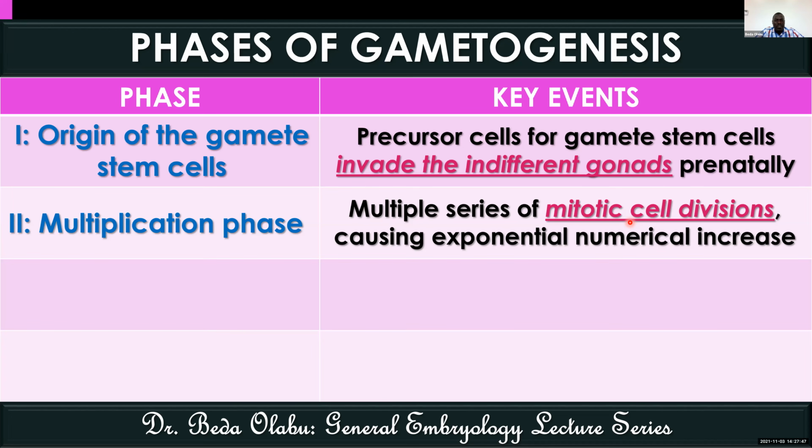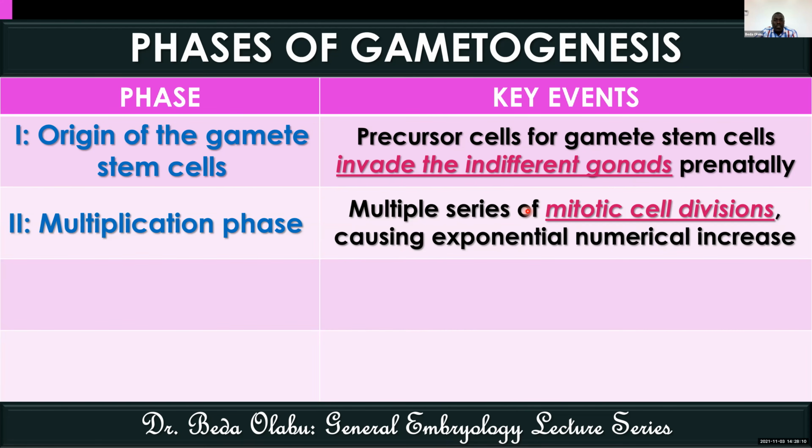We don't want that. We want millions. So what do we do? The gametes undergo mitotic cell division.